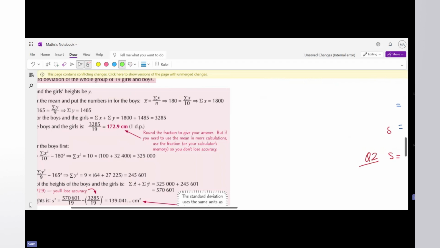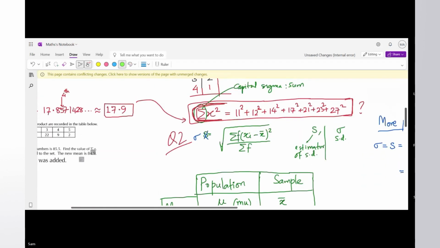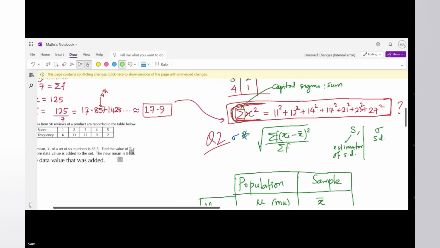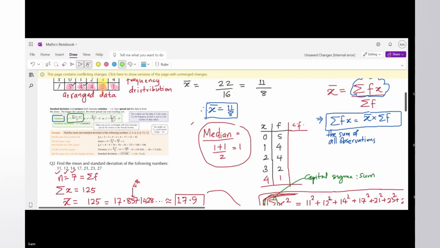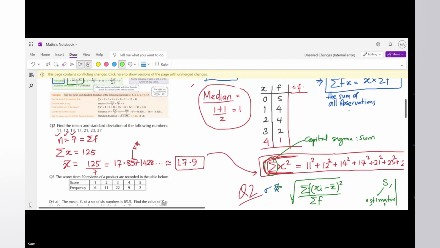Here are the numbers. Eleven, 12, 14, 17, 21, 23, 27. Oh yes. Hmm.